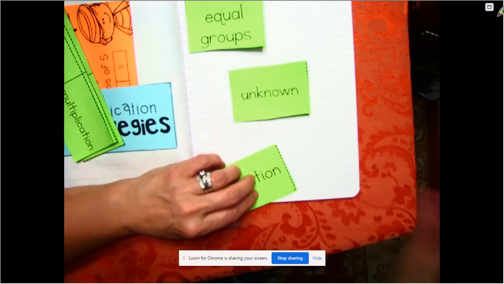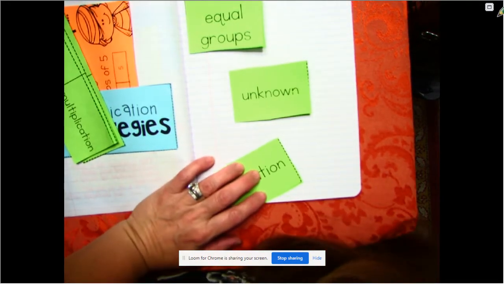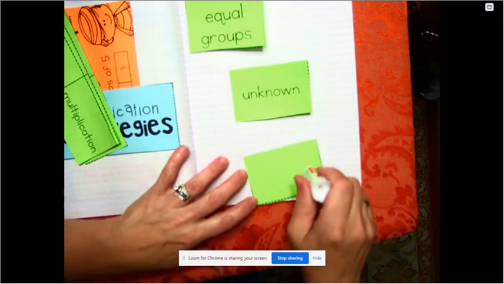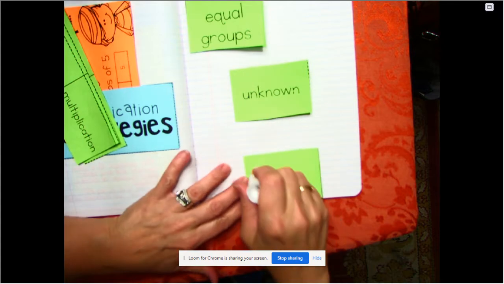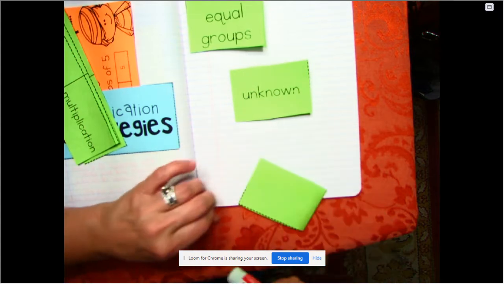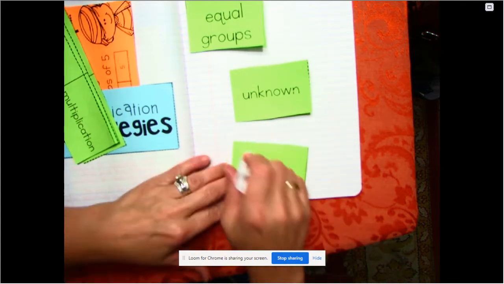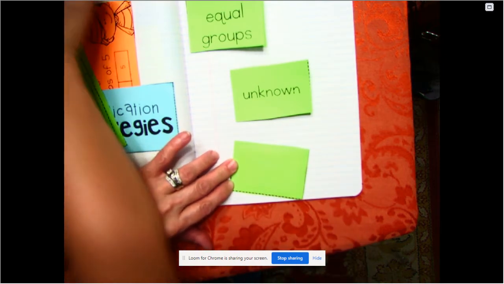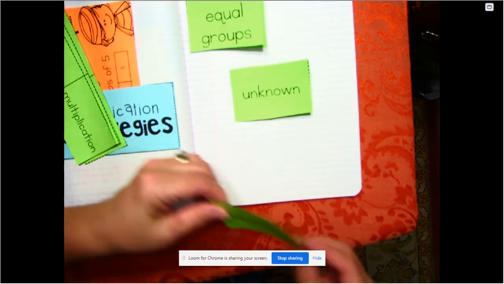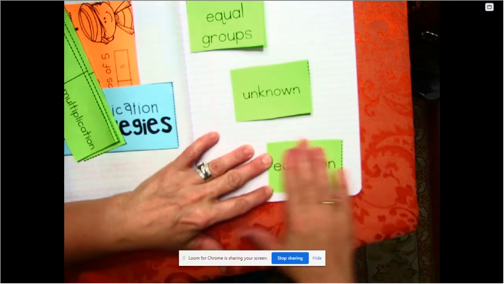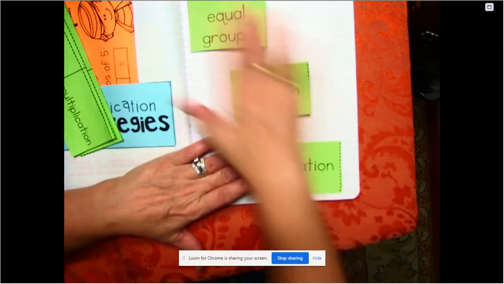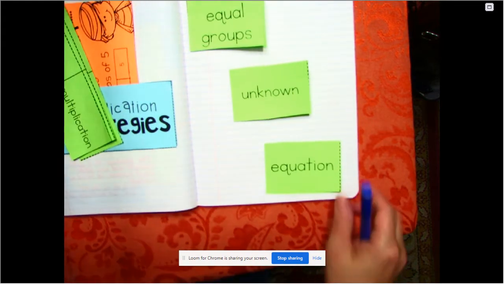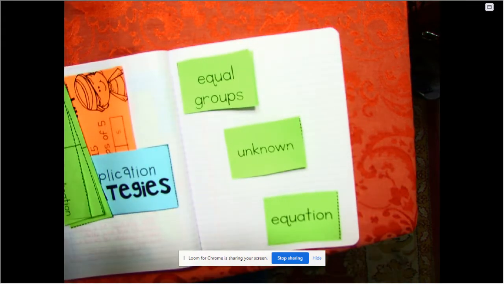And then the last one. Okay, get those all smoothed out. And then we're going to write our definitions inside of them.